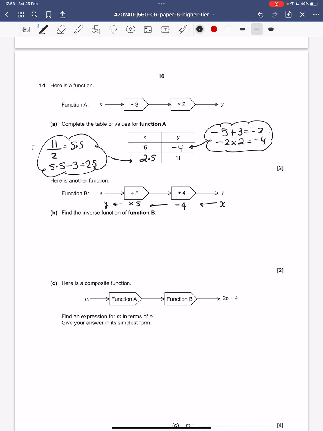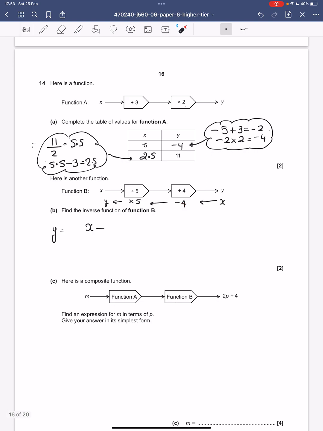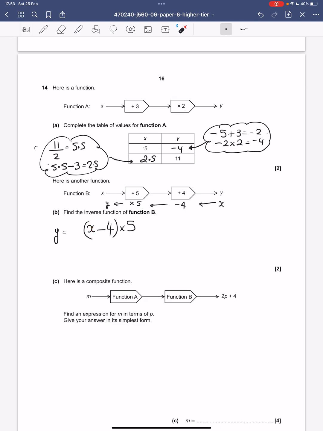For the inverse function, y is equal to x. We start here, take away 4, and then we times by 5. So you've got to put that in brackets, because everything needs to be times by 5. So take away 4, put it in brackets and multiply by 5. Otherwise it will just be x minus 4 minus 20, and that won't work. You need to do both bits of these by 5.